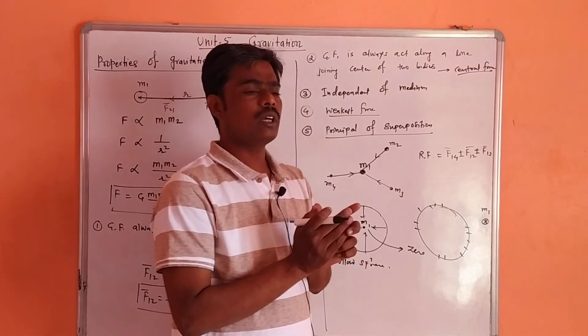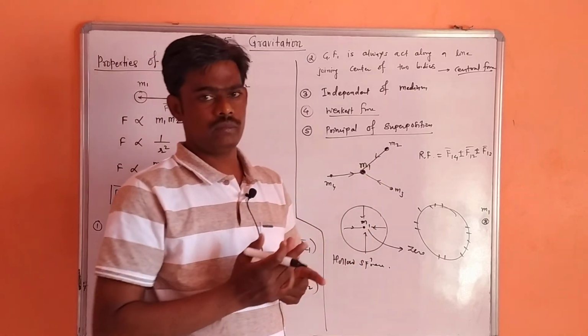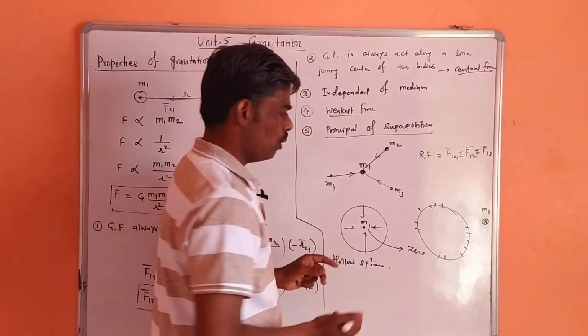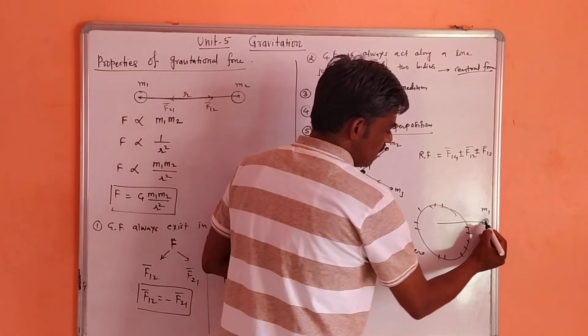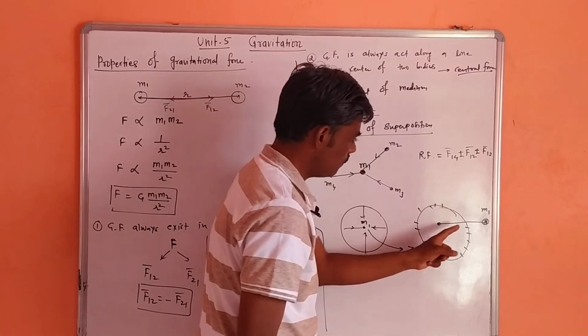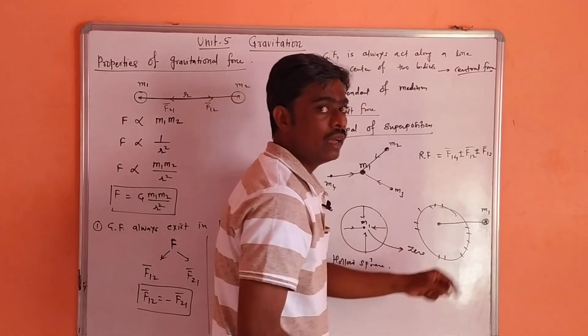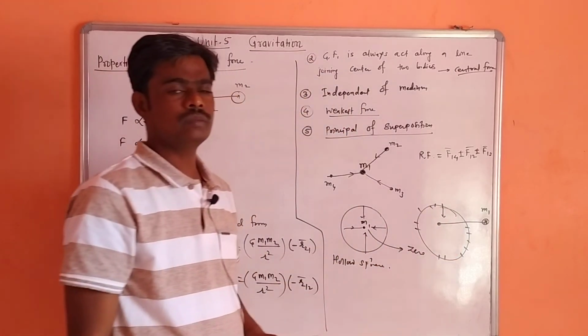But this time that gravitational force will produce two different components. One component is along the line joining the center of the hollow sphere and this point mass, and another component will be perpendicular to this.